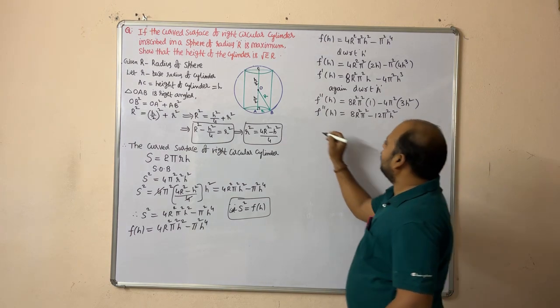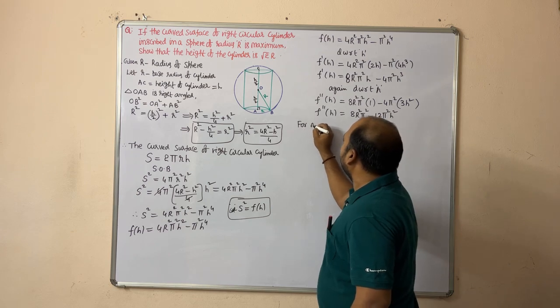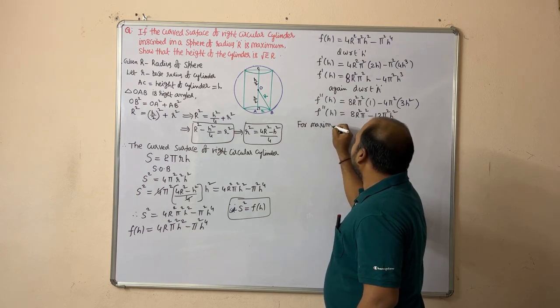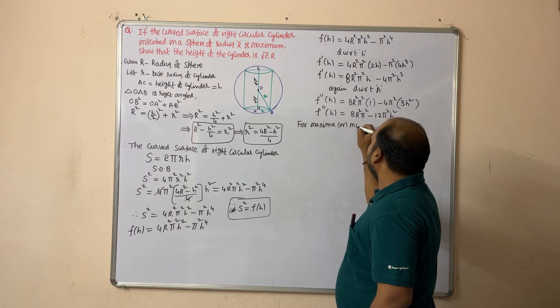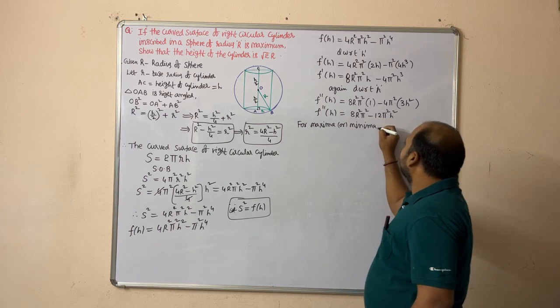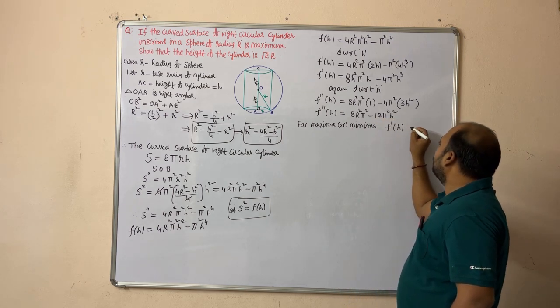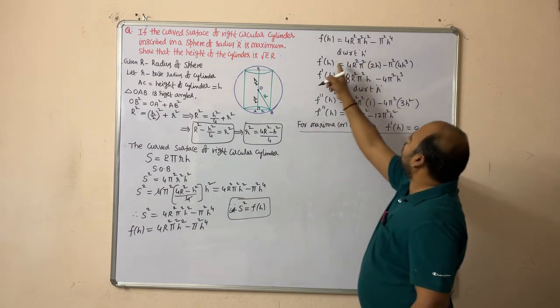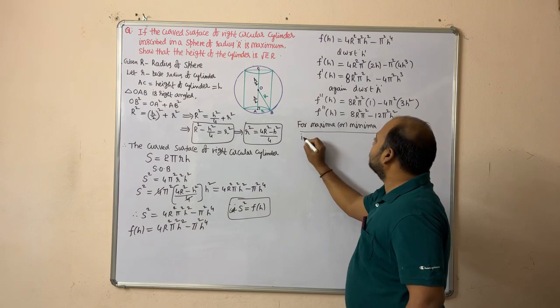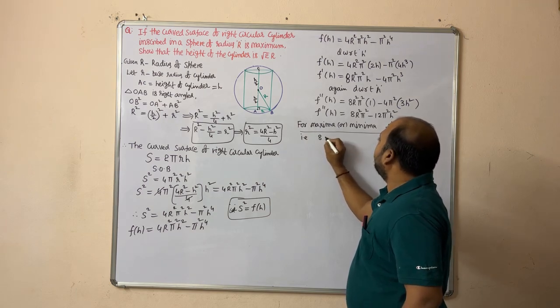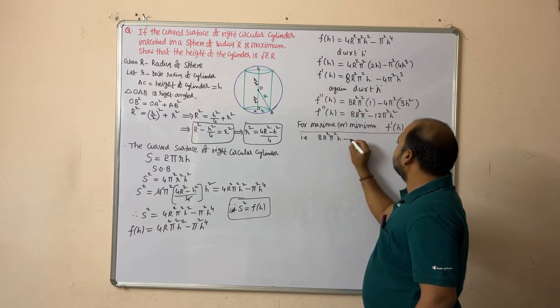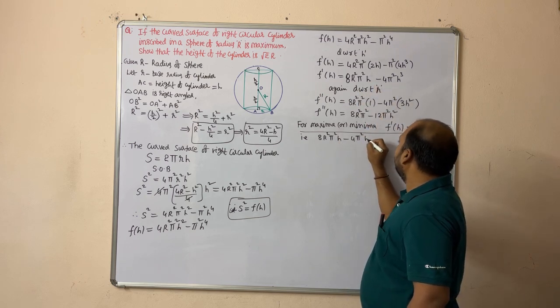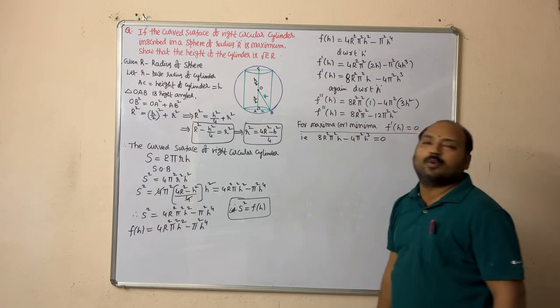After reaching this step, for maxima or minima, f dash of H is equal to 0. This is a very important step. f dash of H is 8 R square pi square H minus 4 pi square H cube, equal to 0.